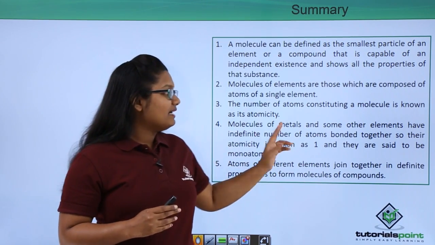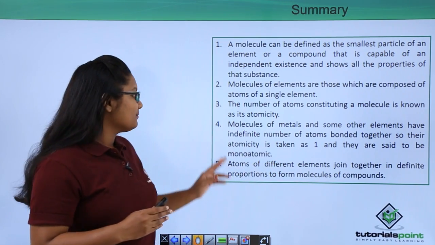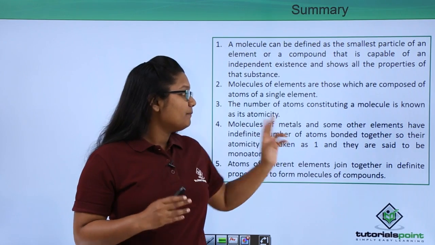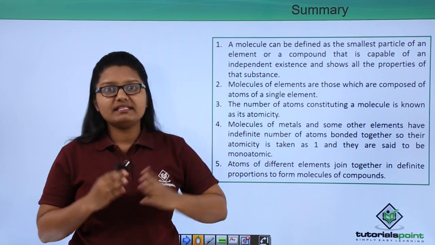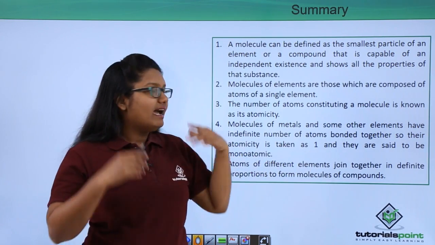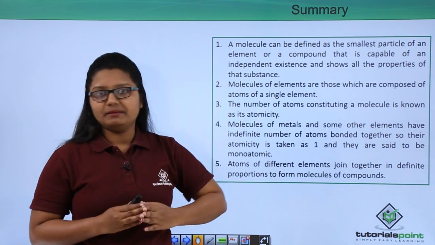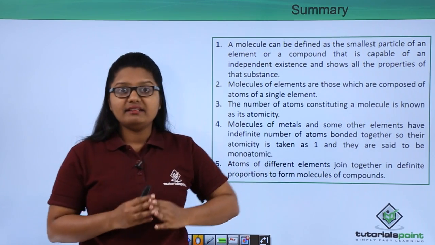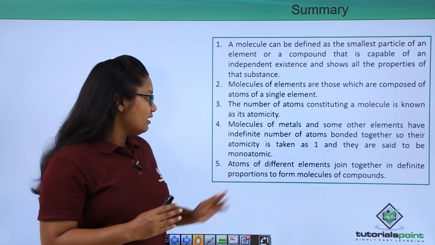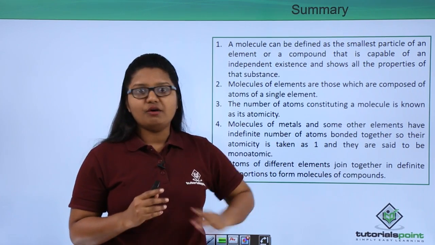The molecules of metals and some other elements have an indefinite number of atoms bonded together, and so we take their atomicity as 1, and they are said to be monoatomic molecules. Now, atoms of different elements join together in definite proportions to form the molecules of compounds.